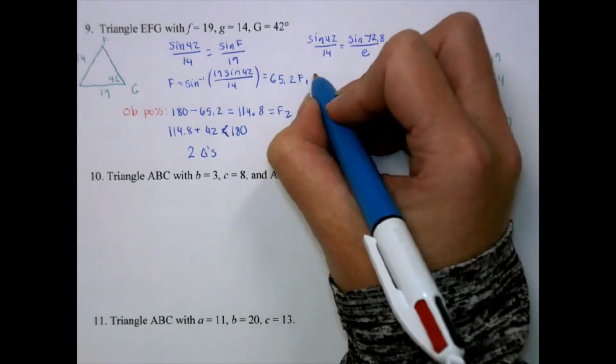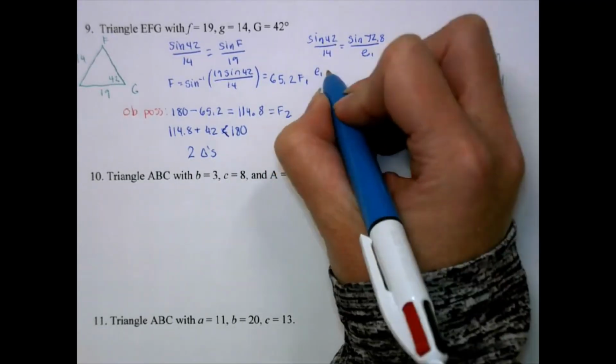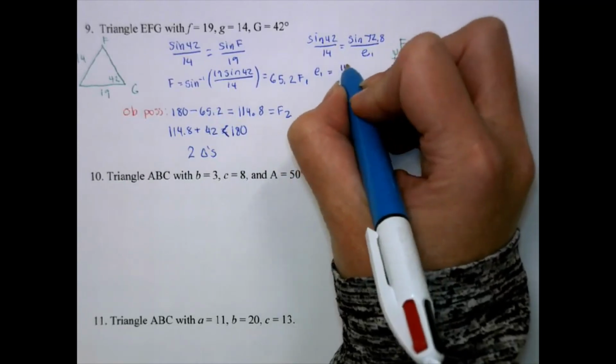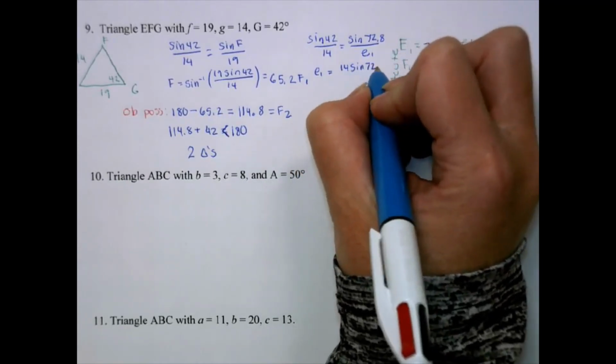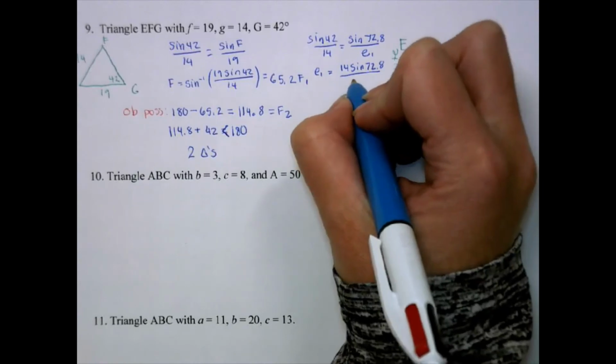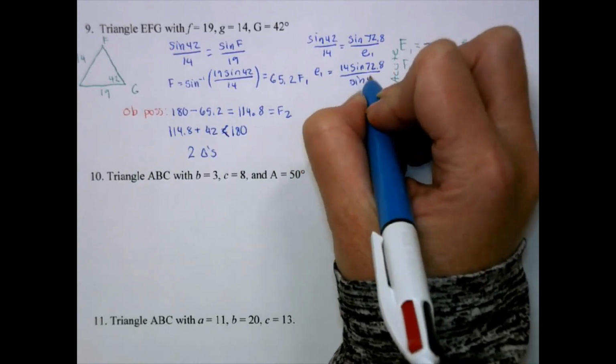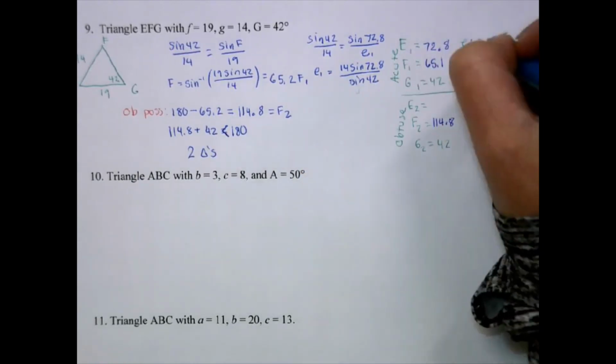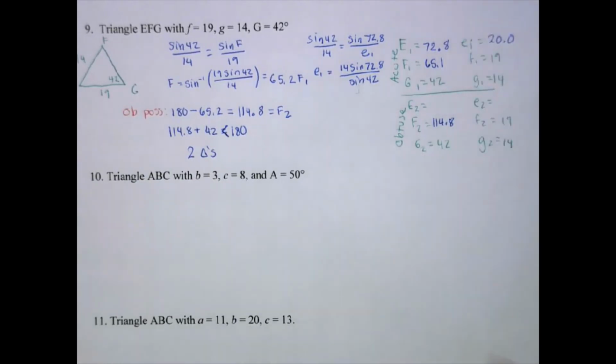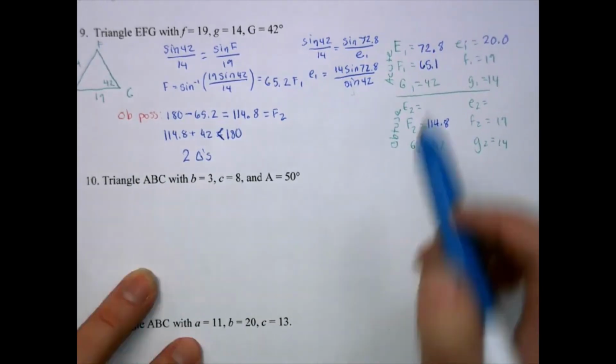Okay, when we do all of that, E1 is going to be 14 sine 72.8 over sine 42, which gives us 20. And then we'll do the same thing down here.